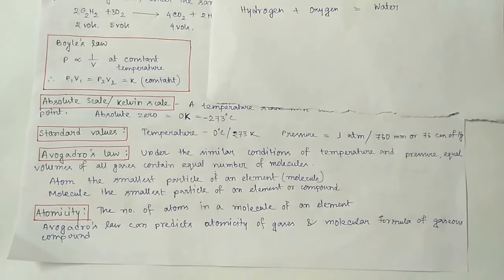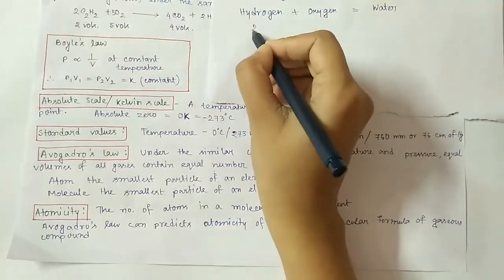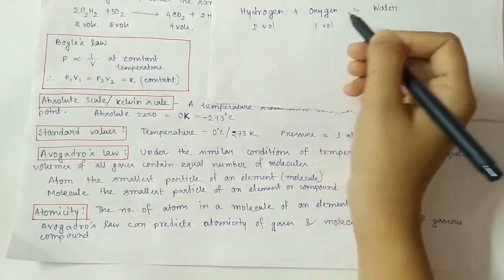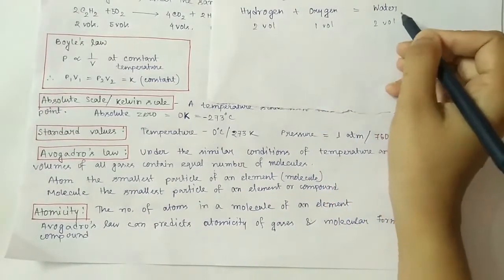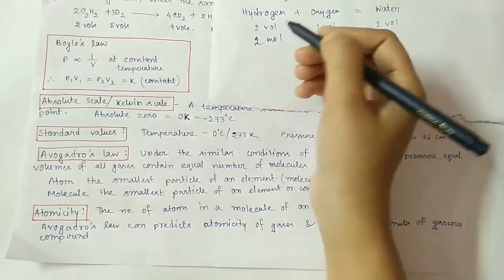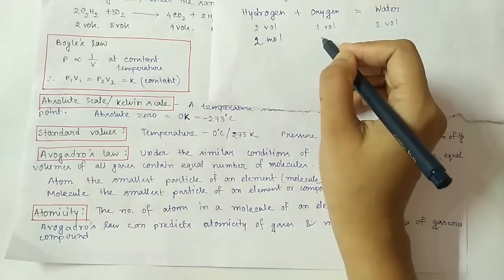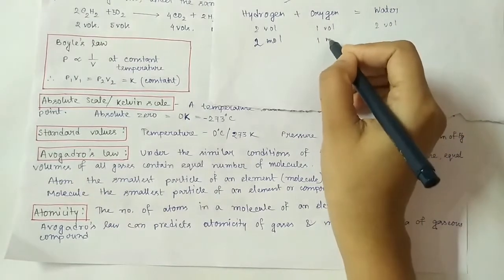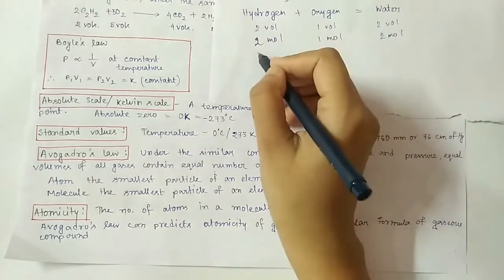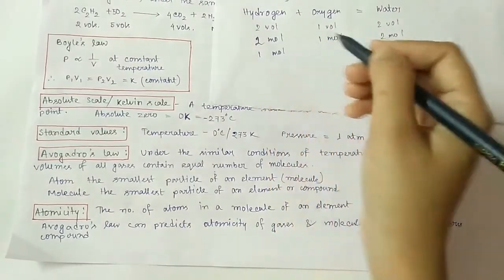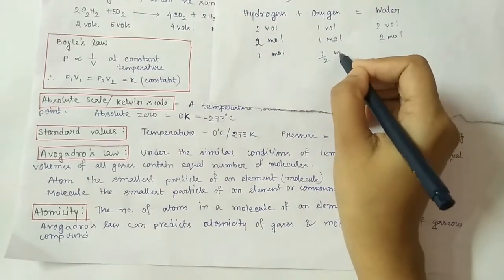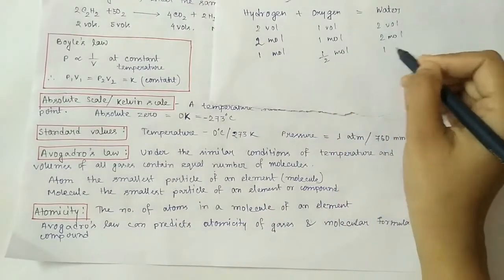Experimentally it has been found that two volumes of hydrogen combine with one volume of oxygen and thus produce two volumes of water. So from Avogadro's law we can say that two molecules of hydrogen combine with one molecule of oxygen and produce two molecules of water. Similarly, one molecule of hydrogen combines with half a molecule of oxygen and produces one molecule of water.